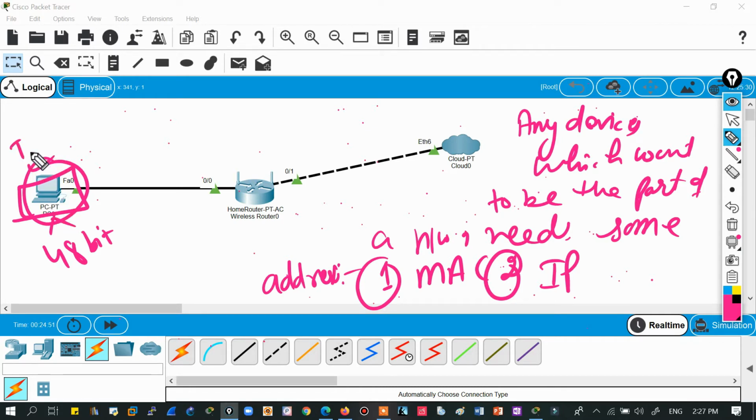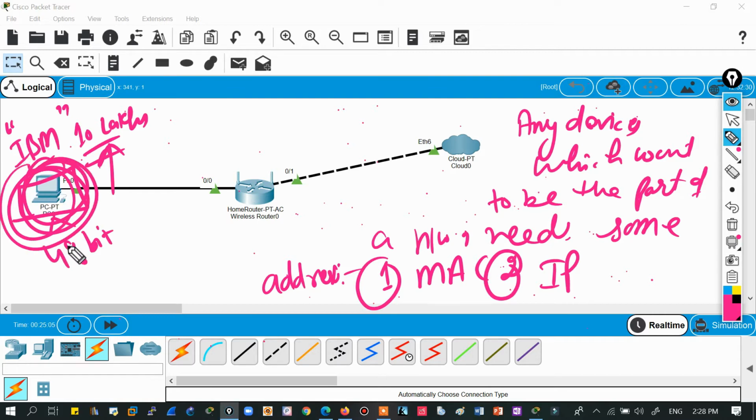Maybe this was an IBM PC, so maybe IBM produced 10 lakh PCs. So what is the identification of this device among these 10 lakh devices? That is denoted by the MAC address. And how this device can be tracked worldwide in any of the networks, that is also based on the MAC address.